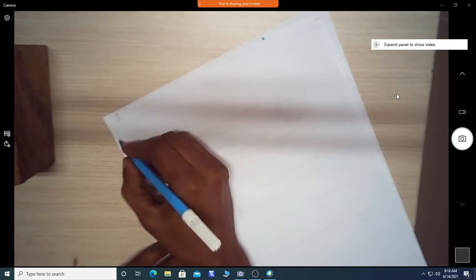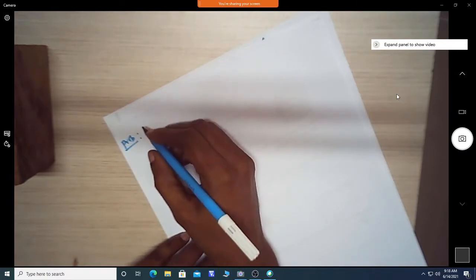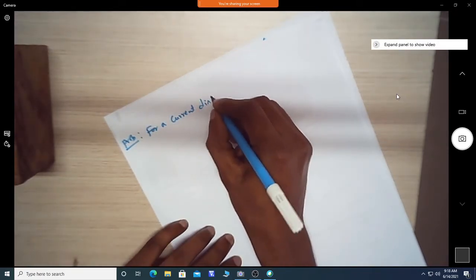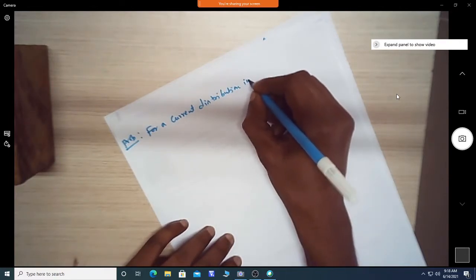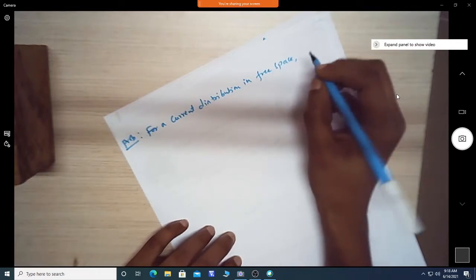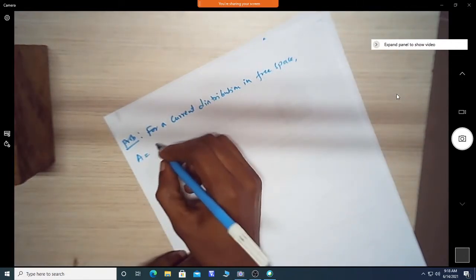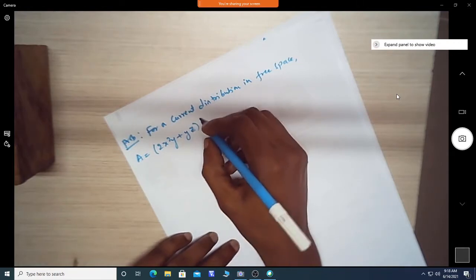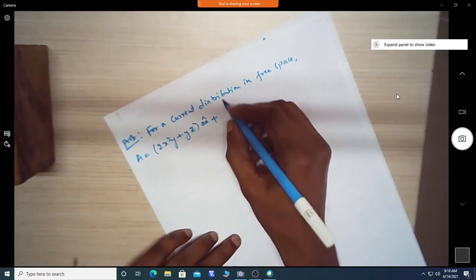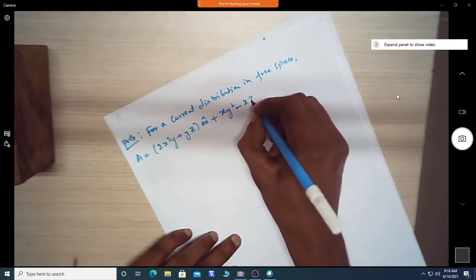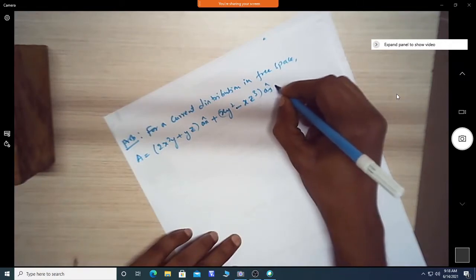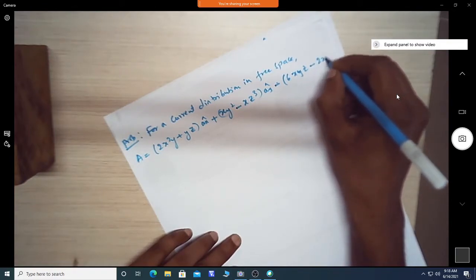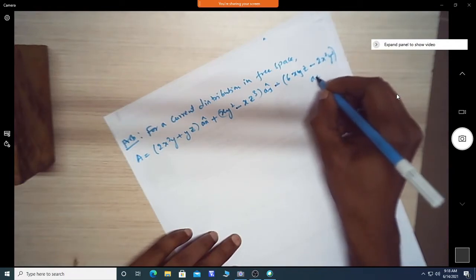Try to do this problem. For a current distribution in free space, the vector magnetic potential A is given by 2x square y plus yz in the ax direction, plus xy square minus xz cube in the ay direction, minus 6xyz minus 2x square y square in the az direction.